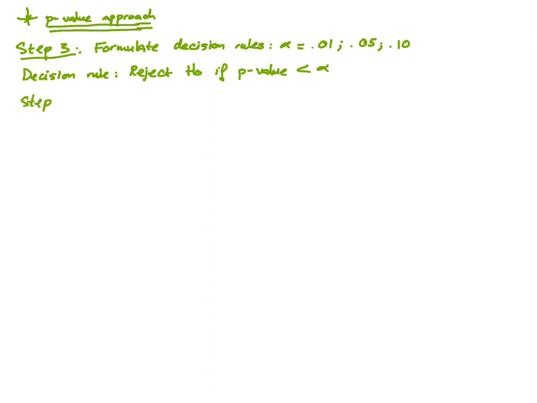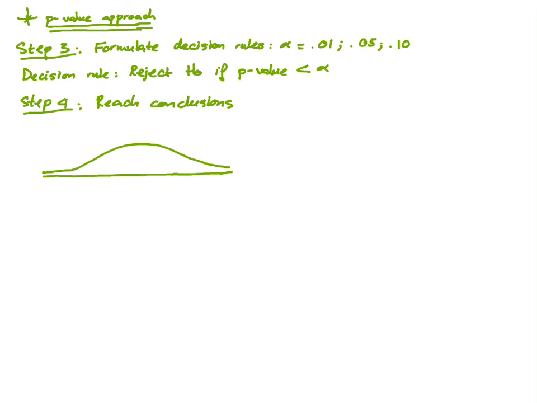Lastly, let's try to reach our conclusion. Right. In order to do that, we need to calculate the value of the p-value. So let's draw the standard normal distribution. And the reason we're using the standard normal distribution is because we know the population standard deviation, right?